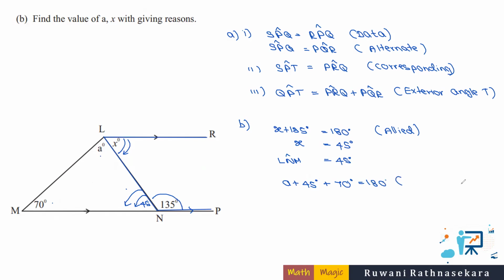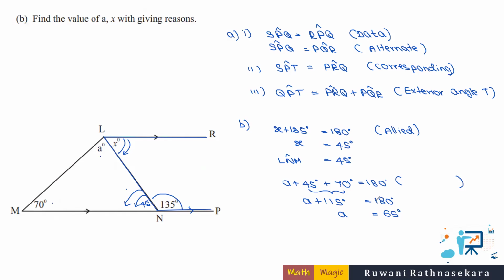That is because of the sum of the interior angles of a triangle. 45 plus 70 is equal to 115 degrees, and A plus 115 is equal to 180 degrees. By subtracting 115, you get 65 for A.